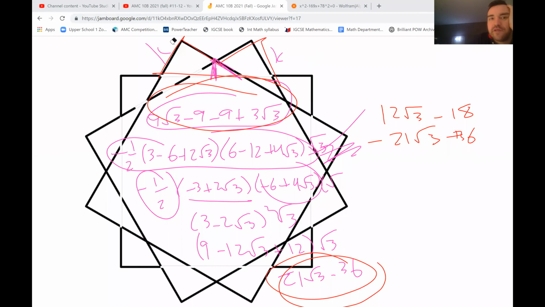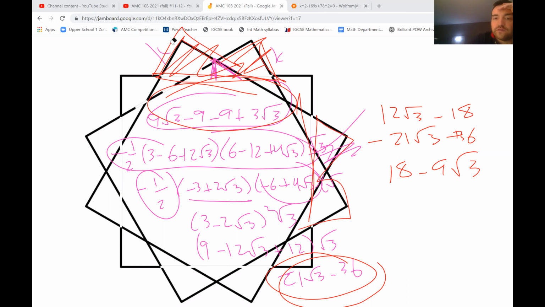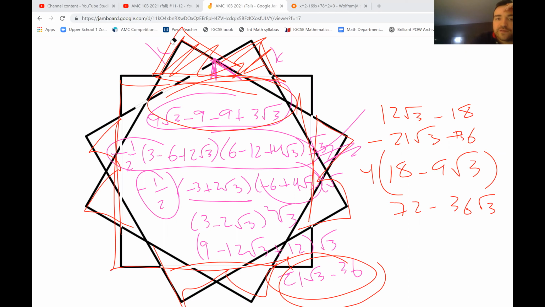Which is going to give me 18 minus 9 root 3, right? Remember, we have 4 of these things: 1, 2, 3, 4. So times 4, that gives me 72 minus 36 root 3, plus the area of the original square, which is 36. So if I add these together, I get 108 minus 36 root 3.